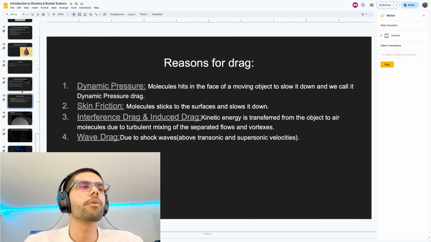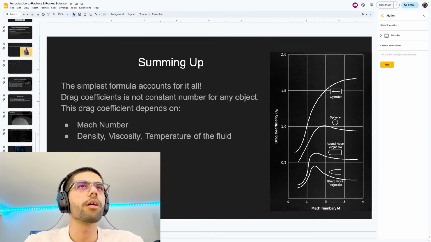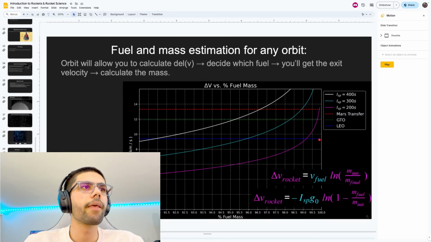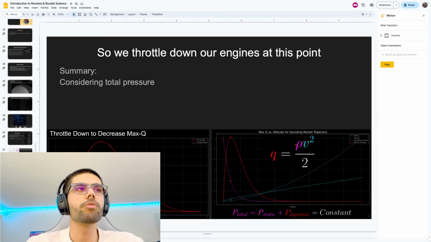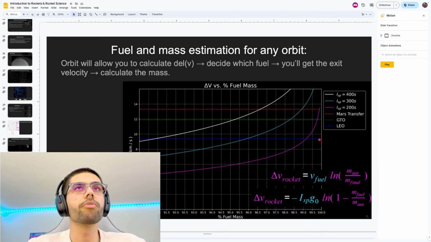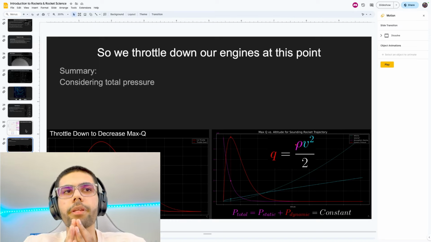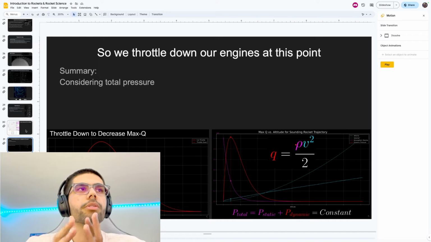Different aerodynamic drag properties and how to optimize the shapes for different regimes, and max Q throttle. We have to look out for the pressure because your rocket is not made of diamond. It cannot face pressures beyond a certain point, and you have to cut your throttle.